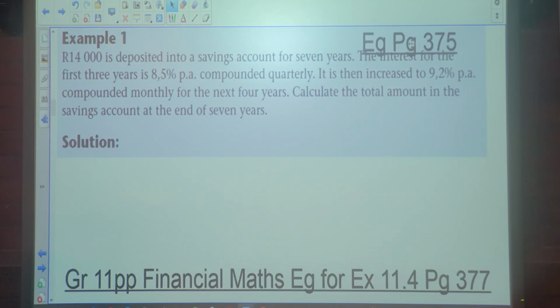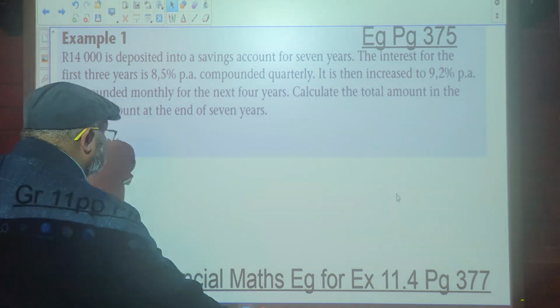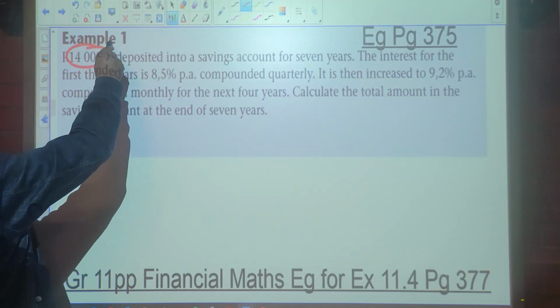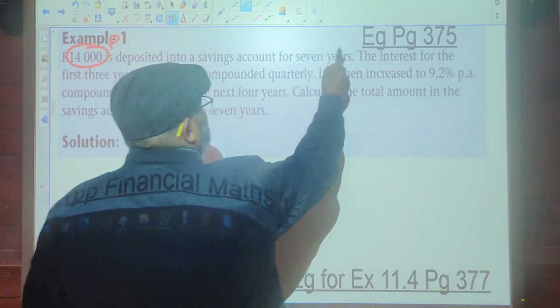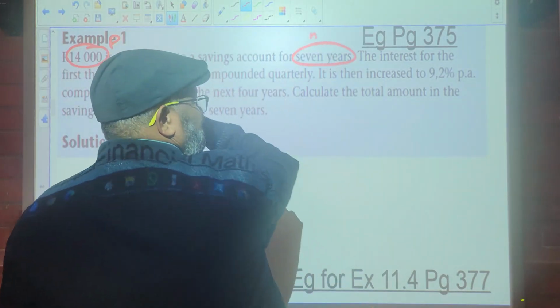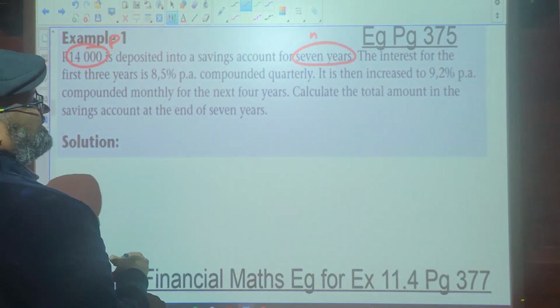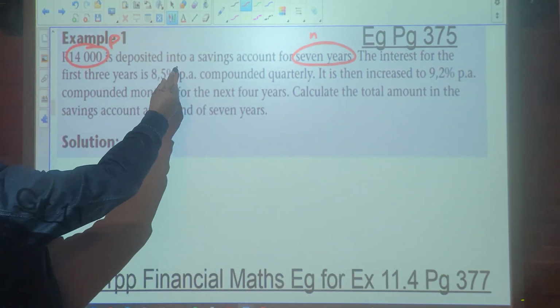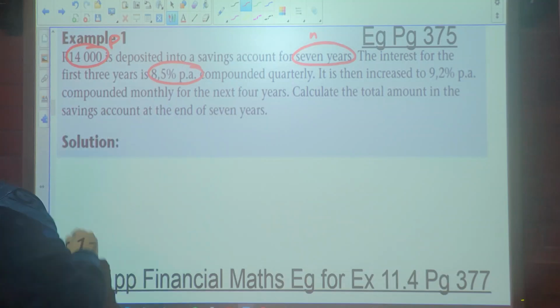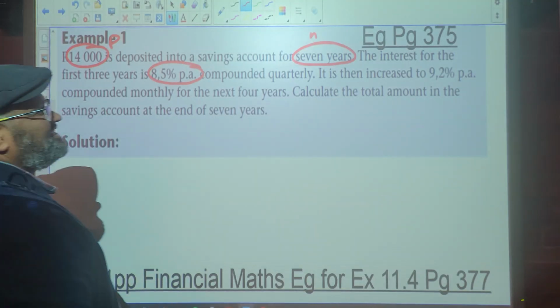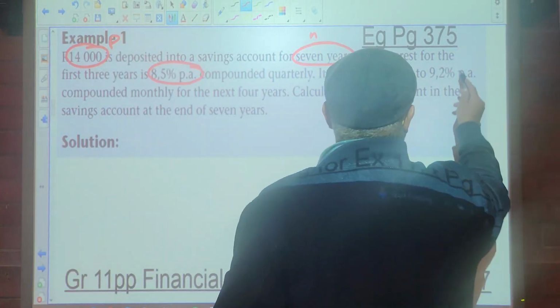Looking at example 1, on page 375. We are told that 14,000 rand is deposited into a savings account for 7 years. People, what is the 14,000 rand? The P value, deposited into a savings account for 7 years. The interest for the first 3 years is 8.5% per annum compounded quarterly, and then it increased to 9.2% per annum compounded monthly.